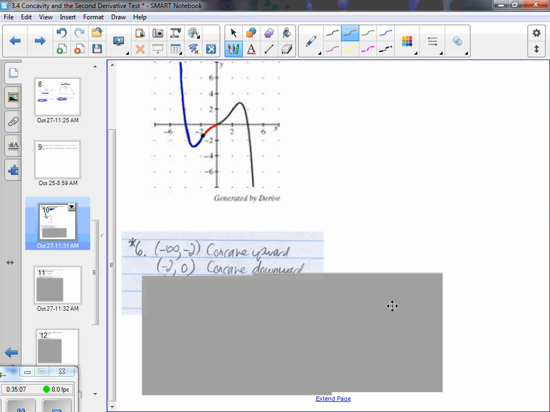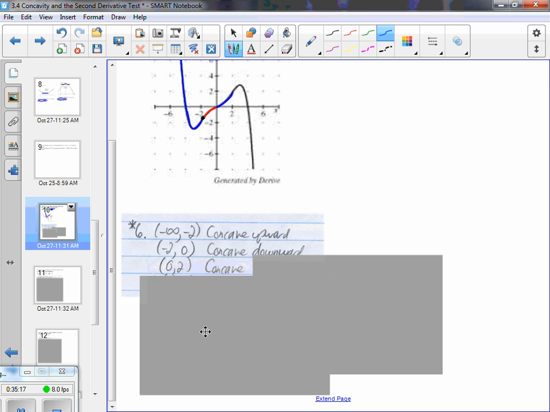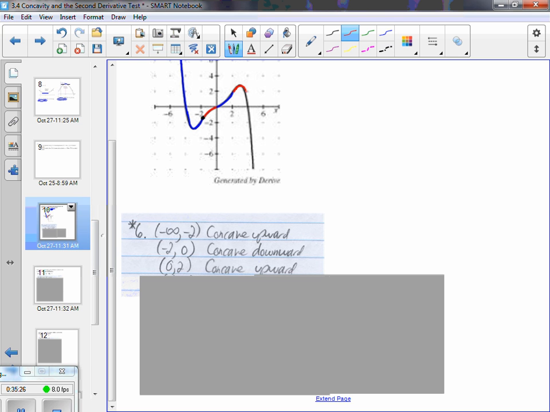What does our next interval look like to you? From 0 to what? Looks like 0 to 2. And from 0 to 2, concave upward. And then are we good from 2 to infinity? It's never going to change again, is it?